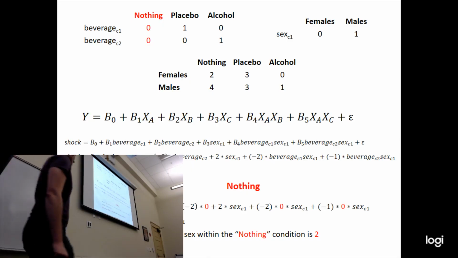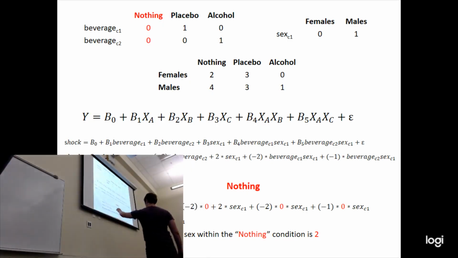Yes. So this coefficient right here is the simple effect of sex in the nothing condition. And if we plugged in a particular number for males versus females, we find the predicted value for, say, females in the nothing condition.